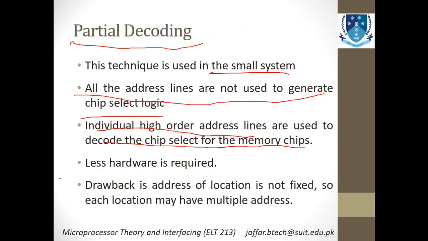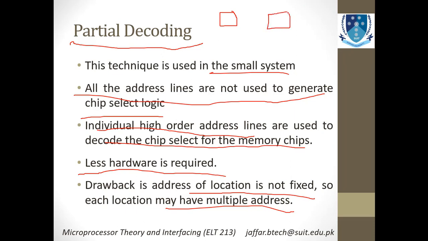In this kind of decoding, the hardware required will be less, and the only drawback is that the address of the location is not fixed. So it is possible that each location can have multiple addresses. For example, the first time you check, the data was stored in one location of the memory, and the second time you check, the data will have shifted elsewhere. This is the only drawback of partial decoding.